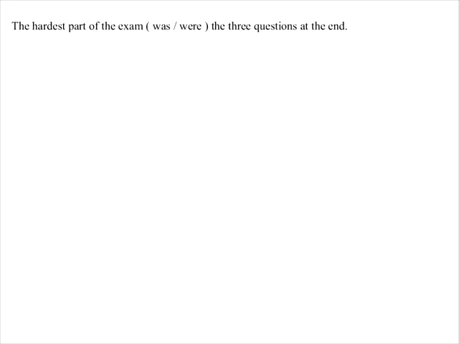Second one: the 3 questions at the end was or were the hardest part of the exam. And then thirdly: harder than anything else on the exam was or were the 3 questions at the end.